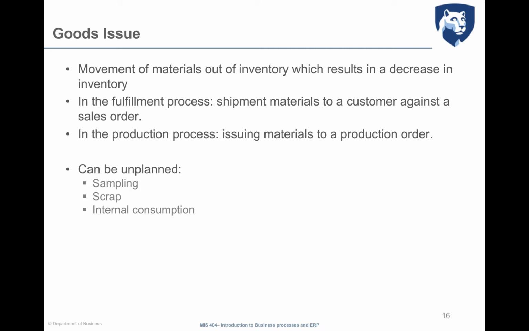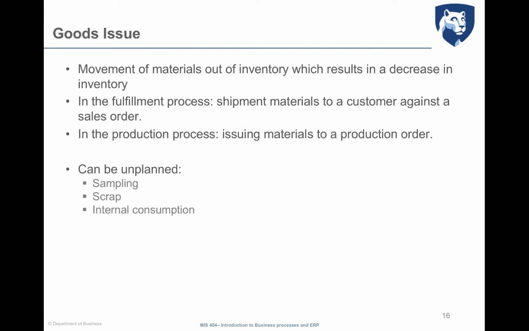Also in this case, please remember that whenever you post a goods issue, both a material document and a financial document need to be generated, because there is a practical and a financial impact, and again, some physical activities need to be put in place. And also in this case, this is the ideal state.